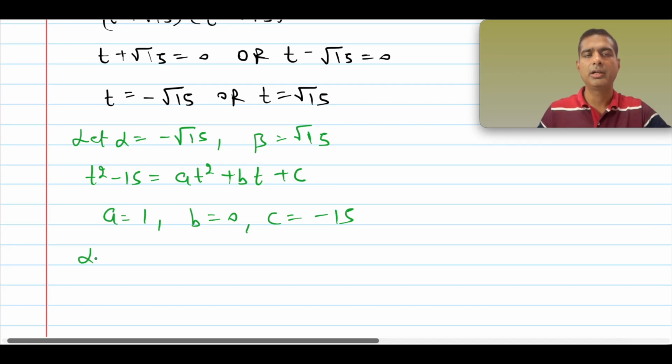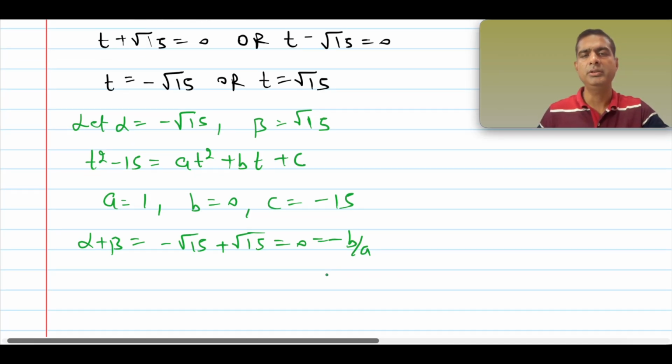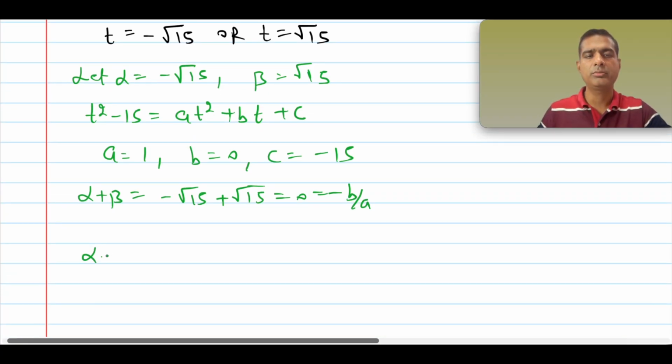So now alpha plus beta, that is sum of the roots, is negative root 15 plus root 15 is equal to 0, and that can be written as negative b by a. Because b is 0, negative b by a will also be 0. Similarly, product of the roots alpha into beta is negative root 15 times root 15 will be equal to negative 15, and we can see negative 15 can be written as c by a.